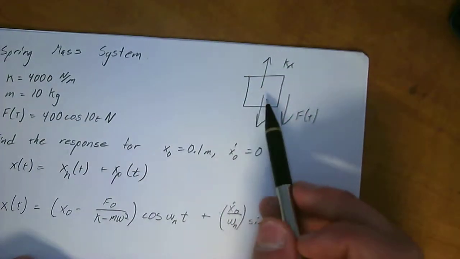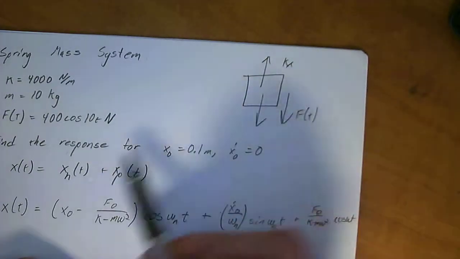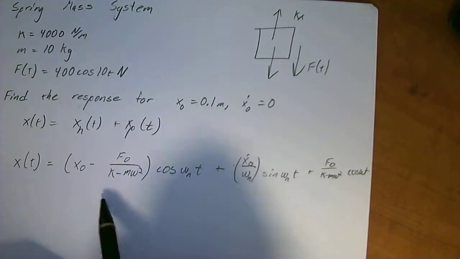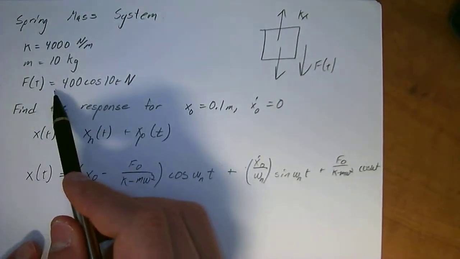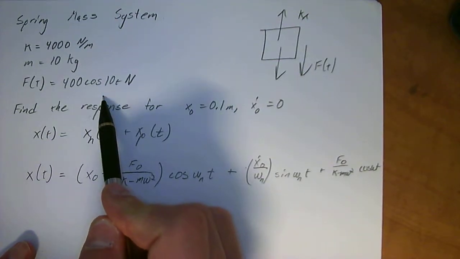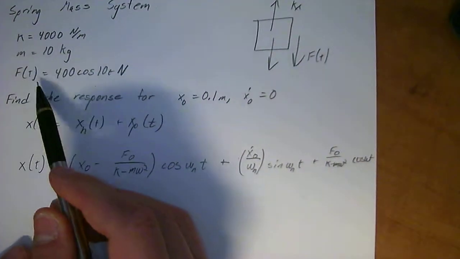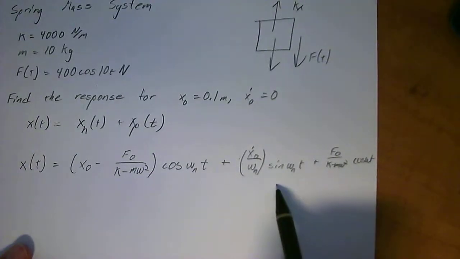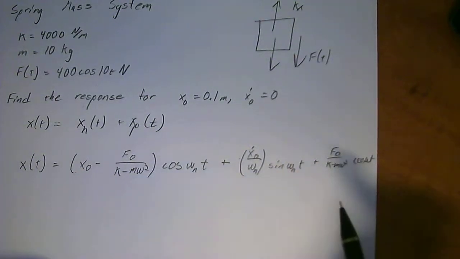You create the equation of motion from this block, then find the homogeneous and particular solutions, and those combine to give you this equation. But if you see a forcing function of the form 400 cosine, then you can skip right to this equation. And if you have a 400 sine, then you swap the cosines and sines accordingly, and then you solve it from there.